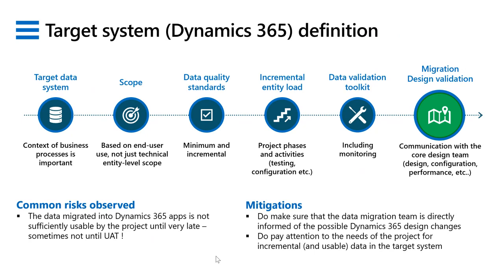Well, that's a real shame, because it means that the project can't help the data migration team with validating the data as it's coming through. If it's not usable, people won't take the time and effort to actually validate it through business transactions, to make sure it's meeting the needs of the target system. Right? So make sure that does not become a risk for your project.